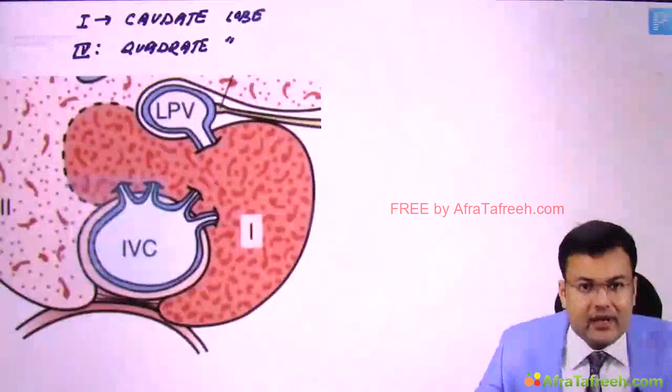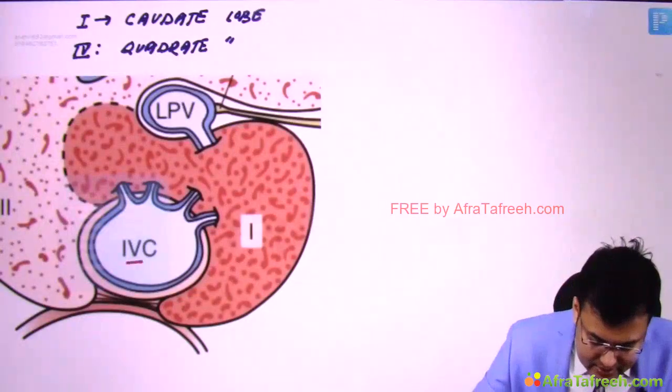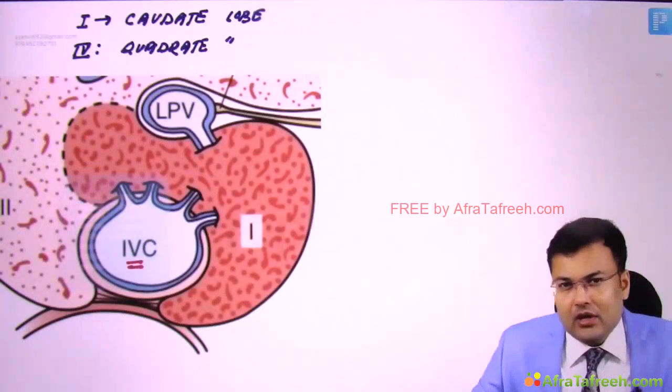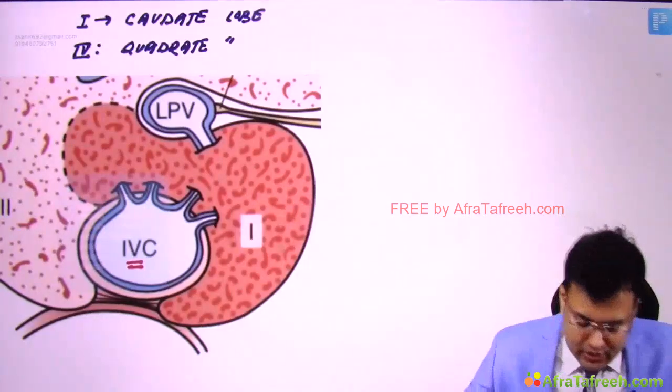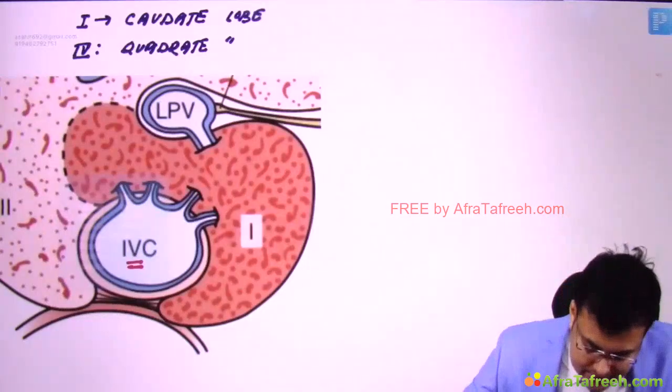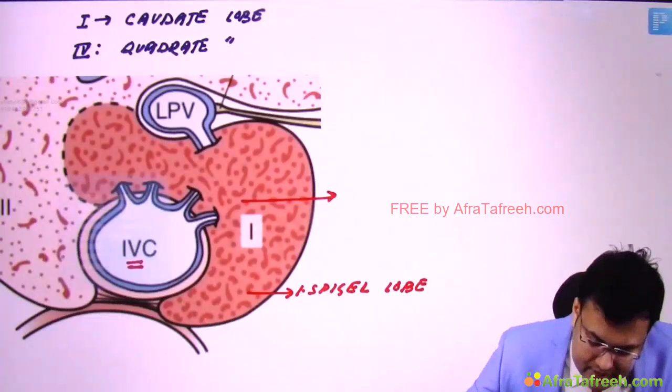So here you can see the shape. It is an L-shaped structure and it is in relation to the inferior vena cava. The first question which is asked frequently is, what are the parts of caudate lobe? So this is caudate lobe. There are 3 parts. This is known as spigelian lobe. This part around the vena cava is the paracaval portion.